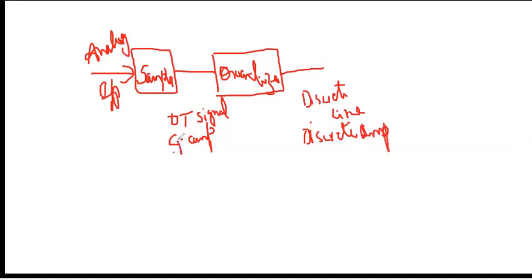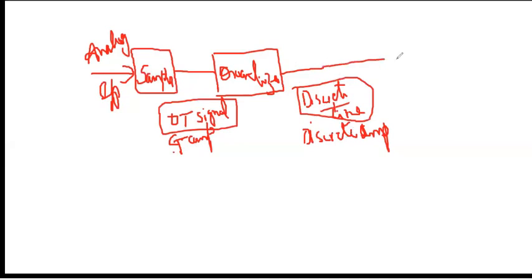So the input of the quantizer is a discrete time signal, and the output is a discrete time signal with discrete amplitude. Then this signal is given to the encoder.